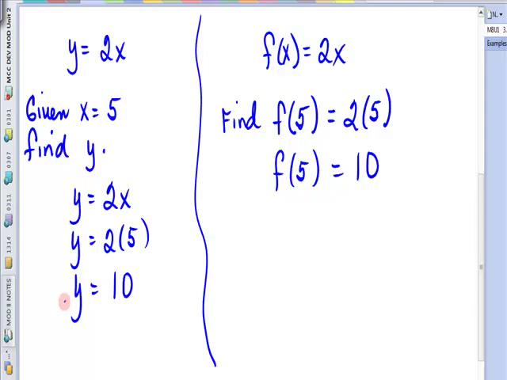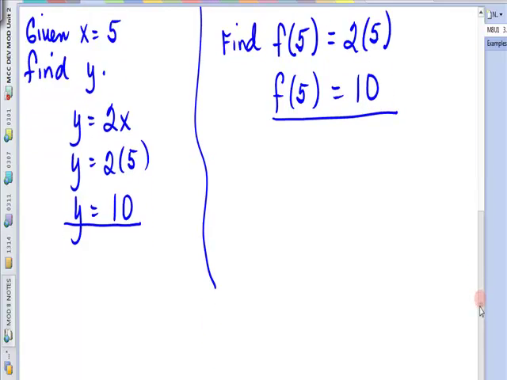Now I want you to compare this statement with this statement and see which one provides more information. This one tells you y is 10, but you have to look back up into the problem to see what the x was that corresponds to it. In function notation, you can see it right here. f of 5 is 10. The function acting on x equals 5 gives you y equals 10.